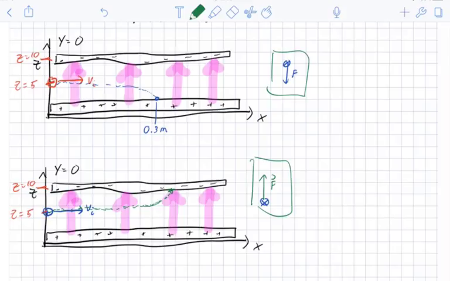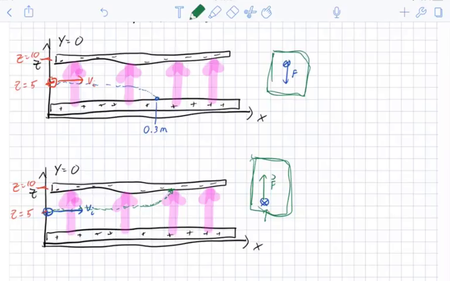Now we know that the proton and the electron have the same charge, so the forces are going to be the same in these cases, but the accelerations won't be, because the proton has a lot bigger mass than the electron. So what do I know and what don't I know in this case? I have a sense of which direction the force is going to be.